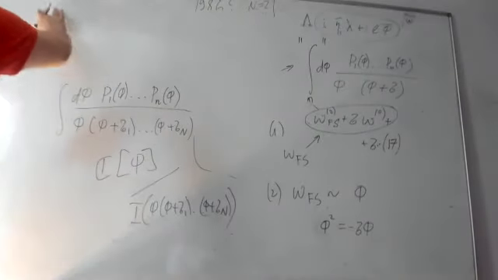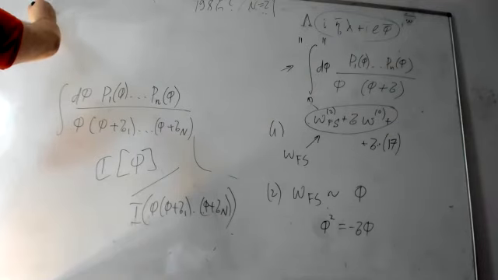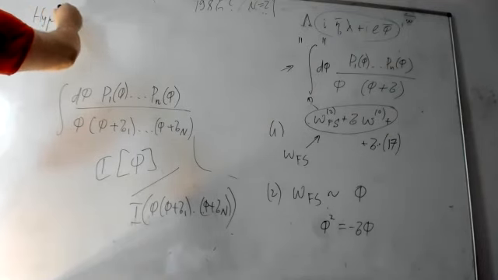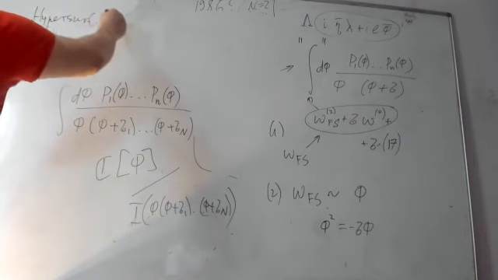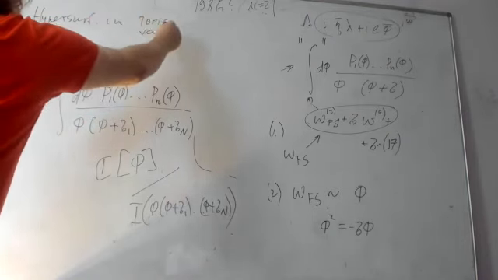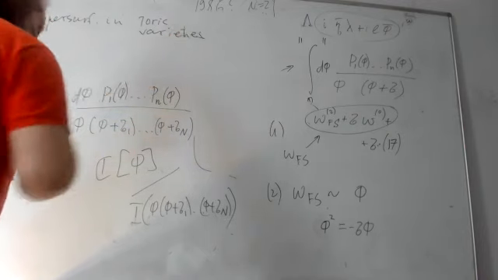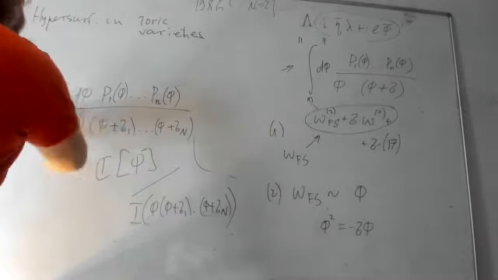Now imagine that I want to have hypersurfaces in toric varieties. What would this mean?